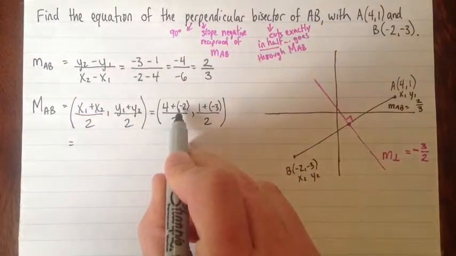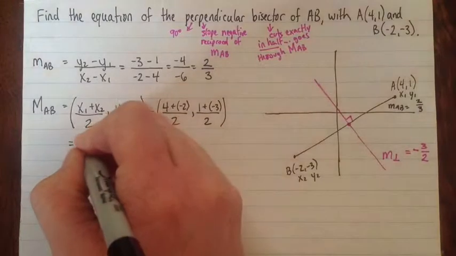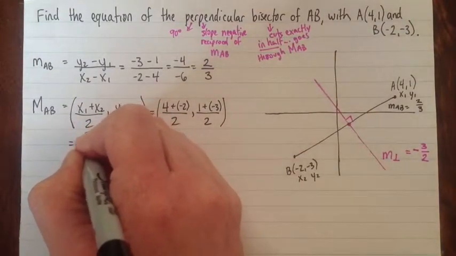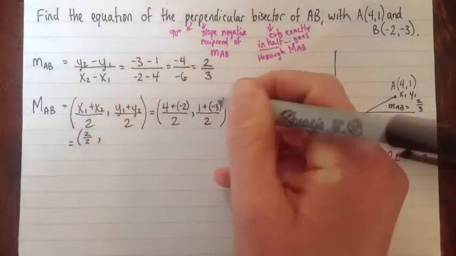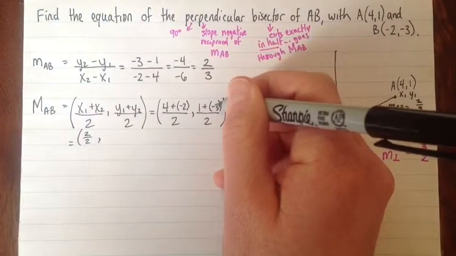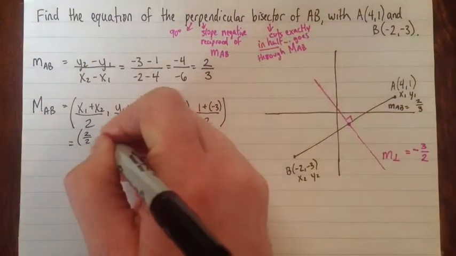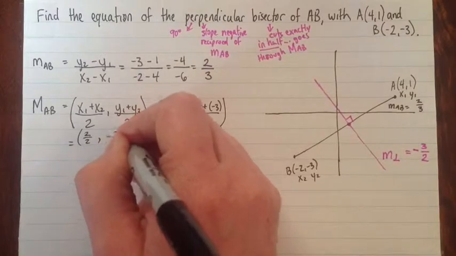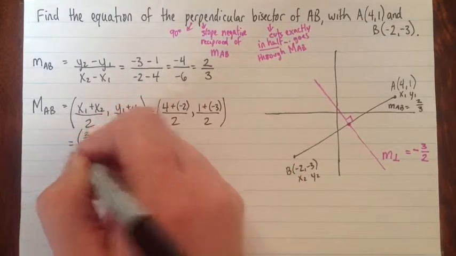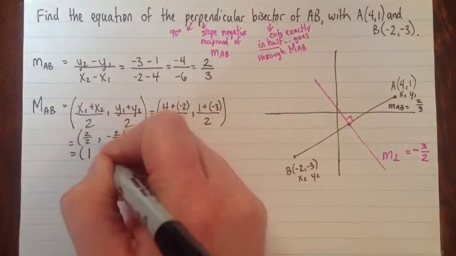That's 4 plus negative 2, which is 2 over 2. And then 1 plus negative 3 is negative 2 over 2. So this is equal to the point (1, -1).